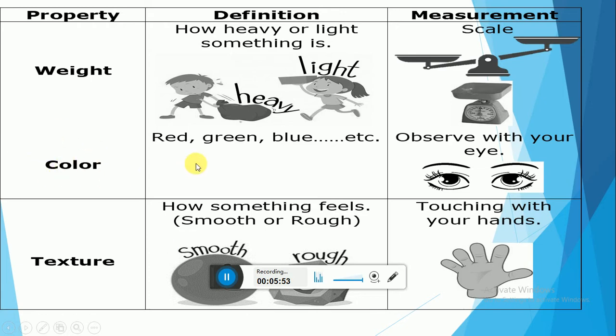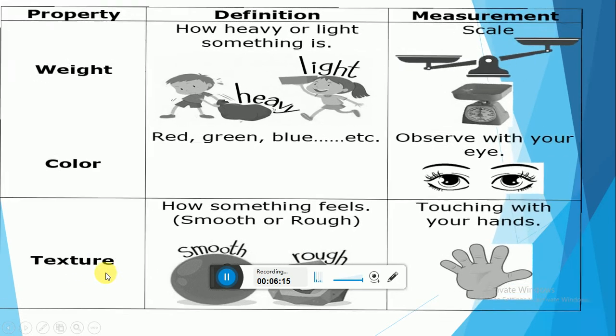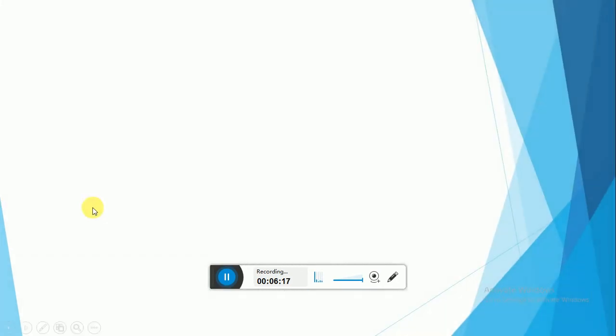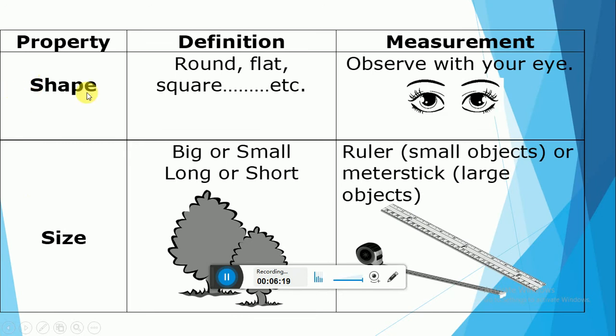Color may be red, green, blue. I observe it with my eyes. Texture, how smooth or rough something is, or how something feels. I touch it with my hand. Okay guys, let's see what we have for shape.